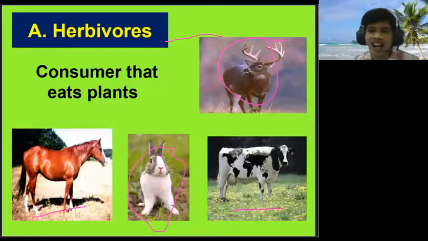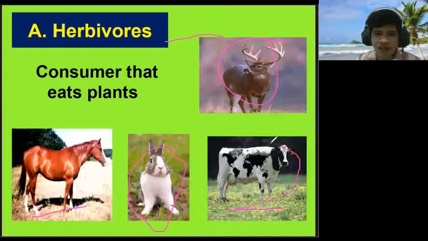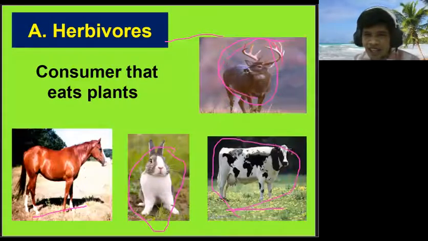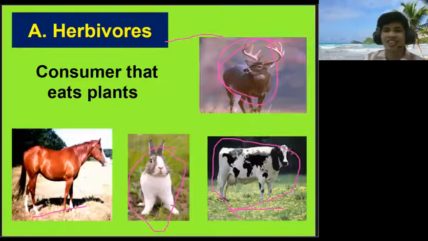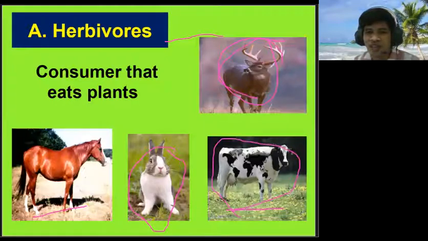Cow. I said cow. What else? Aside from buffalo, we have here a cow. Herbivore. What else? Deer, Plume. Yes, we have here deer. Gawin said elephant. Correct. Elephant. Okay. Squirrel. They eat fruits.